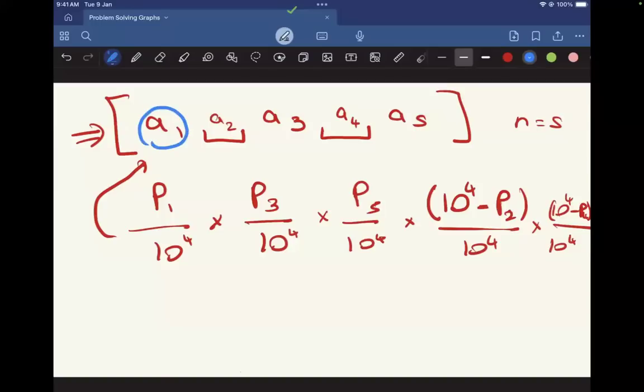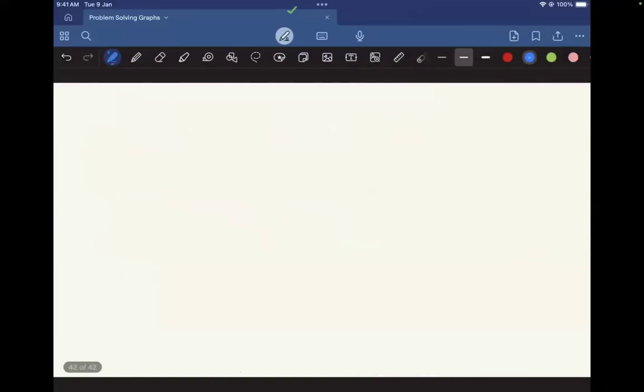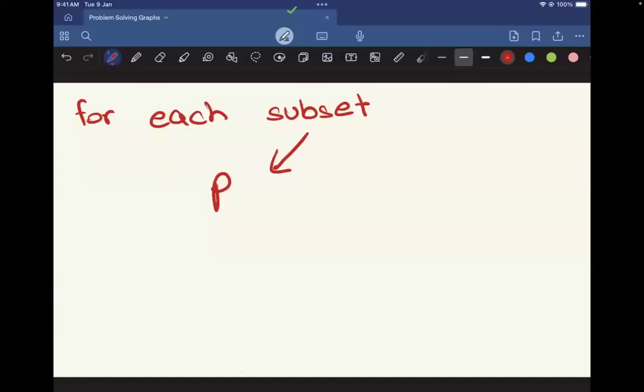We picked up this element, we picked up this element, and we picked up this element. Is this much clear for everyone? This is the probability that this is chosen. Now, guys, for each subset, we know the probability that it is chosen, and we also know the XOR of the subset.